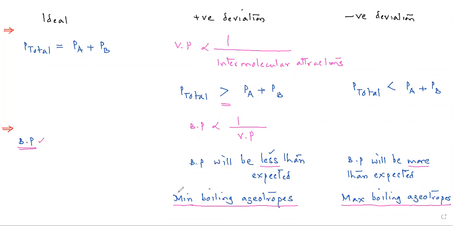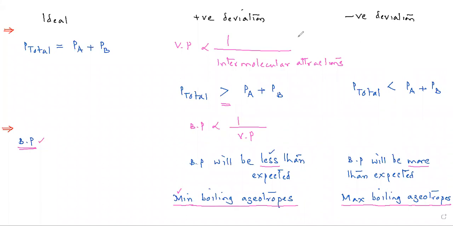See, when I say minimum boiling, the boiling point of the mixture will be less than either of the components. Let us suppose the boiling point of A is 100 and the boiling point of B is 70 degrees centigrade.